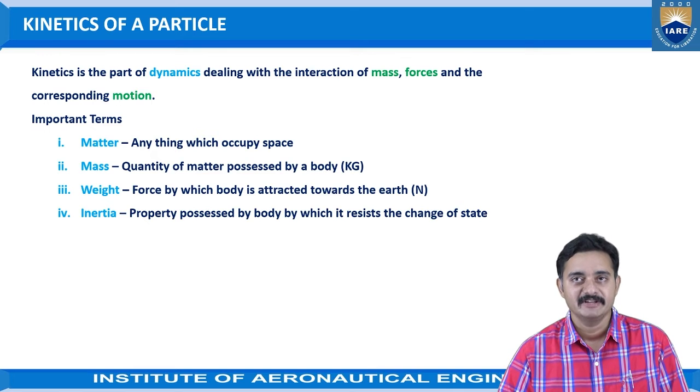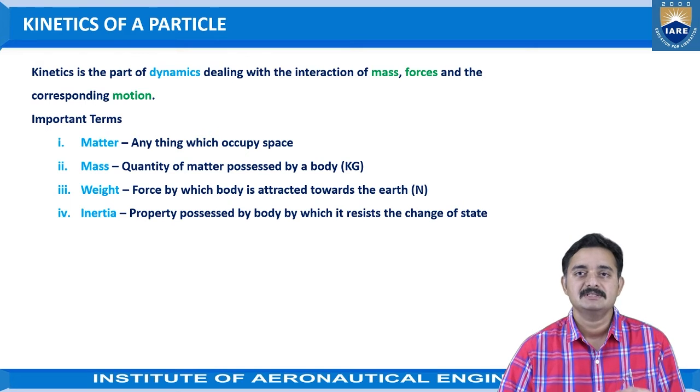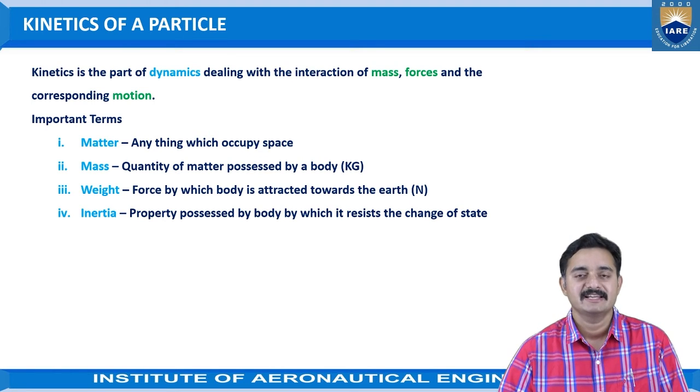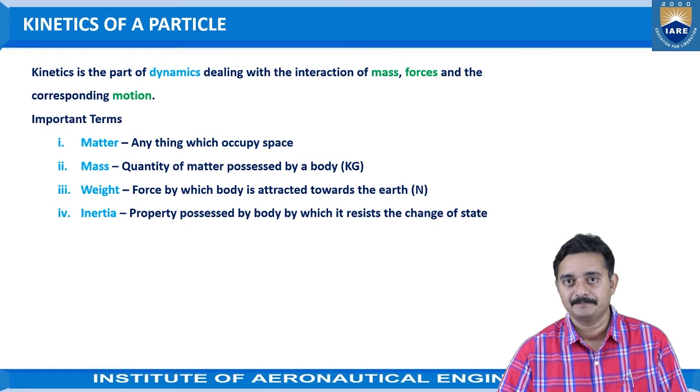Then coming to a very important term, that is inertia. The property possessed by a body by which it resists the change of state. This inertia term is clearly understood using Newton's first law, where the Newton's first law clearly explains the factor of inertia.